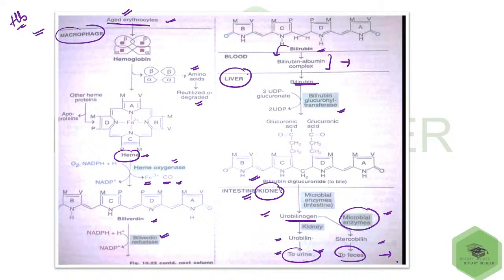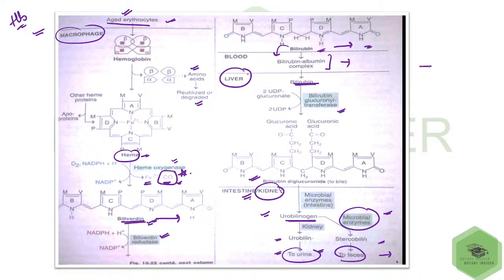From this particular step, where the first thing formed is biliverdin and not bilirubin, the question was asked in the examination. So keep a note that first biliverdin gets formed and then bilirubin, and also there is release of CO, that is carbon monoxide.